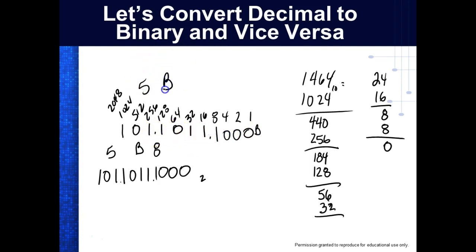That'd be 5, B, 8. And you can say it's a lot easier to give it out that way, right? You understand? So if a computer wants to display large binary numbers, odds are it's going to give it in hexadecimal, and you got to know the binary number.